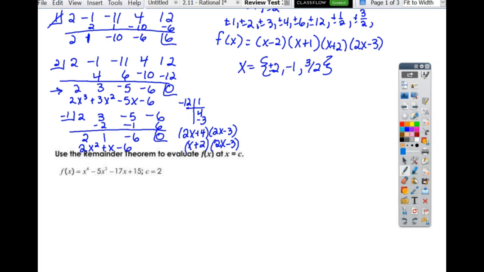Next it says, use the remainder theorem to evaluate f of c at x equals c. So that's where we're doing synthetic division again. Make sure you fill in if you're missing anything. I'm missing an x to the third. And I leave it positive because that is my 0. It's not a linear factor, so I'm going to leave it positive.